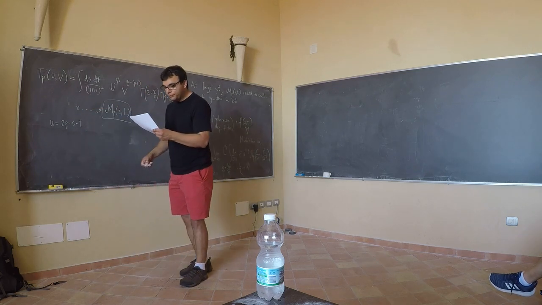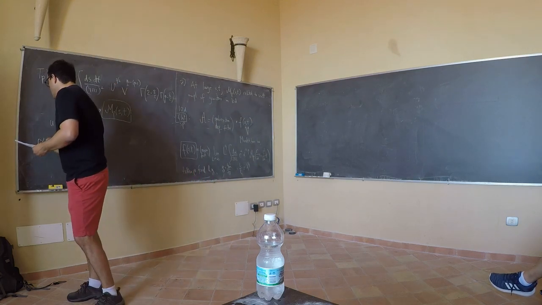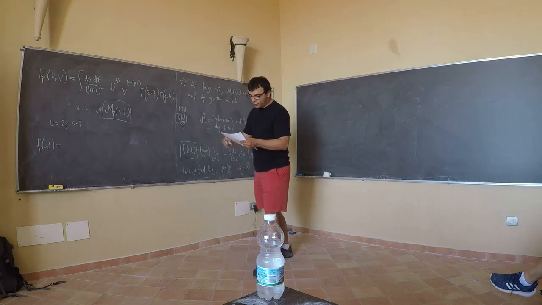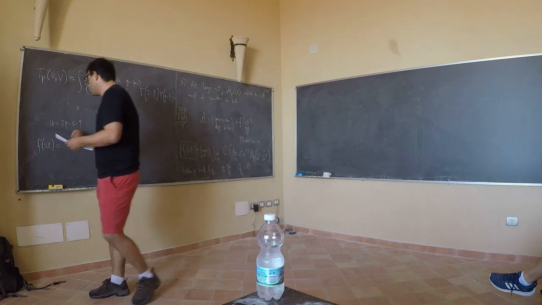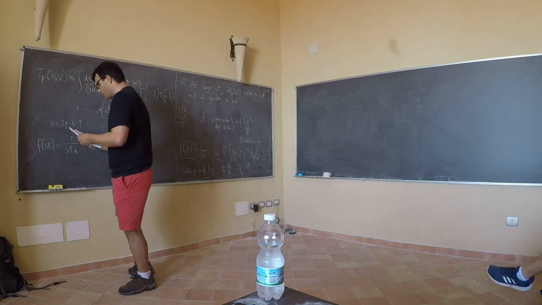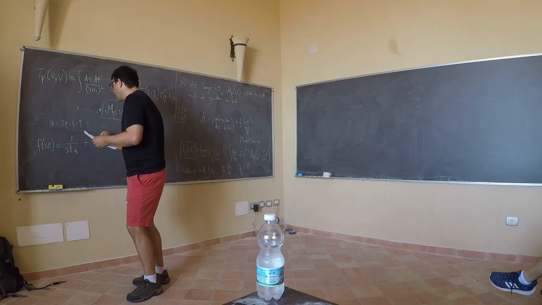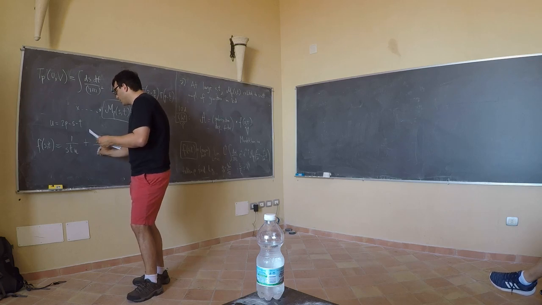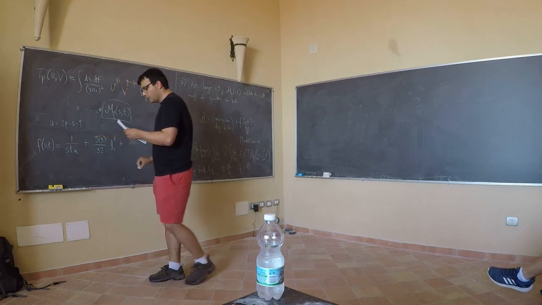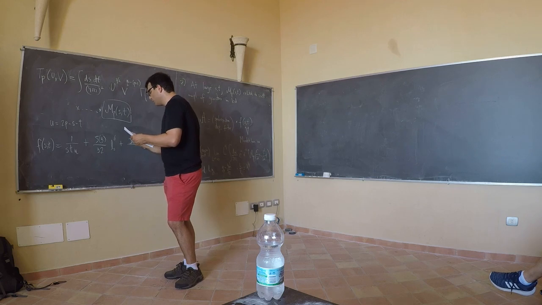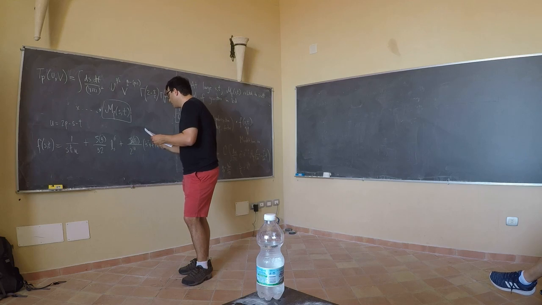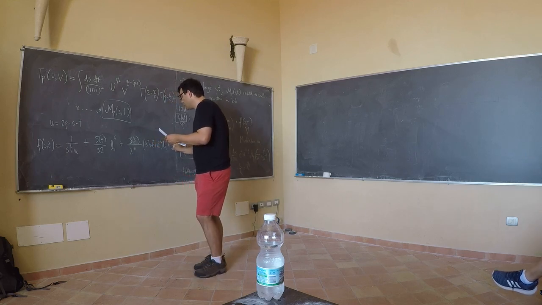So f of S and T, I didn't write the overall normalization, which is not going to be important. 1 over STU, and then there's zeta of 3 over 32, L string to the 6, and then zeta of 5 over 2 to the 10, S squared plus T squared plus U squared, L string to the 10, and so on.